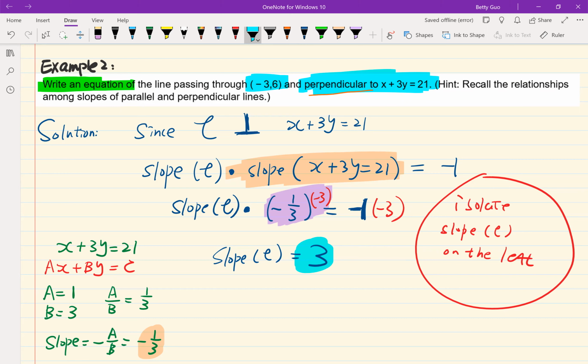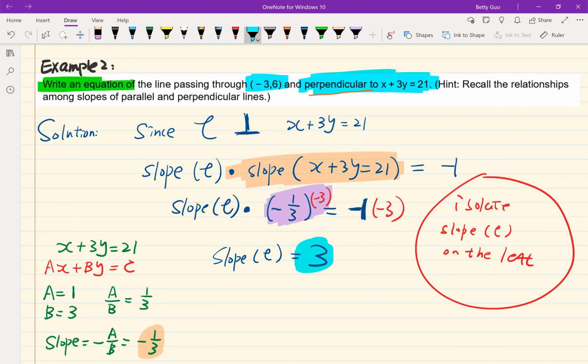Yeah, let me explain the result in a different way. Since the slope of the given straight line is negative 1 over 3, line L, which is the line we're looking for, is perpendicular to the given straight line. So the slope of L should be the negative reciprocal of negative 1 over 3. For negative 1 over 3, firstly, we take the opposite, so negative becomes positive.